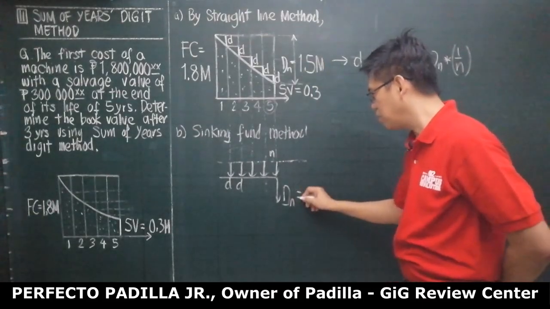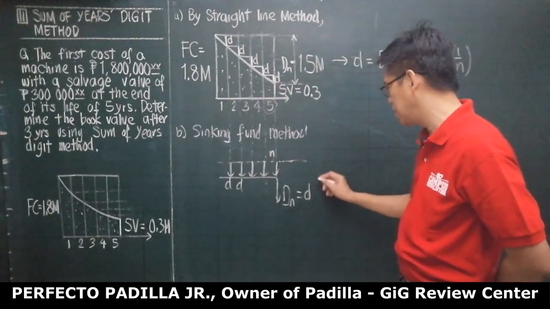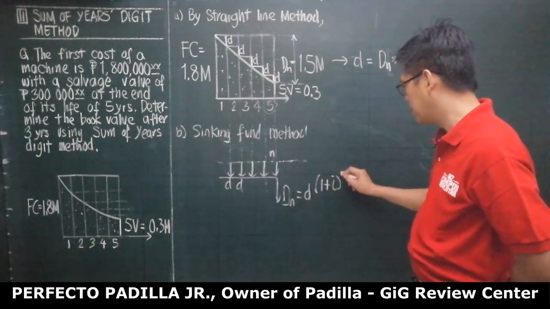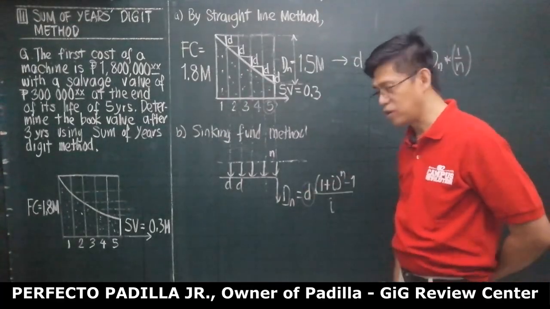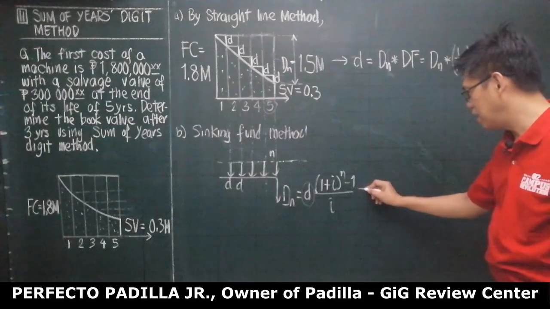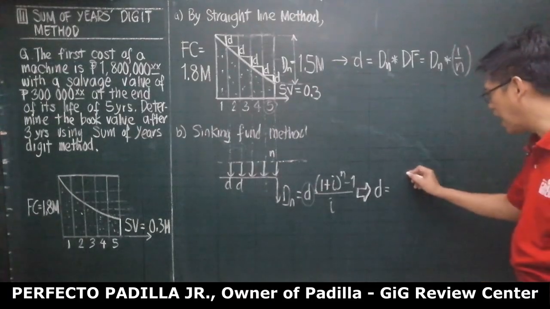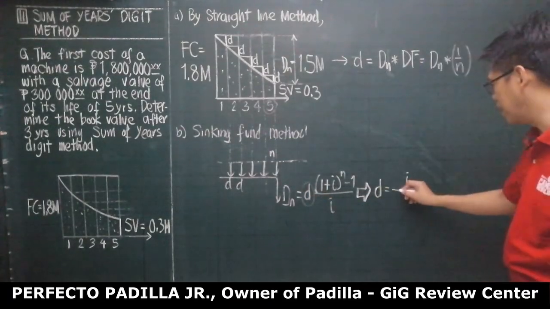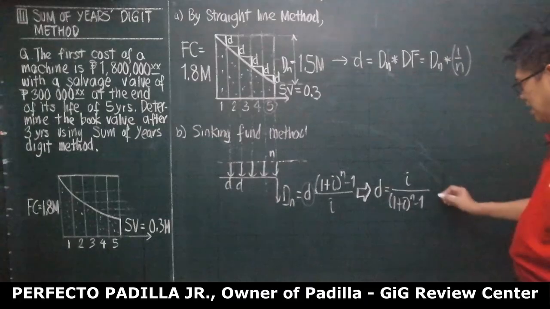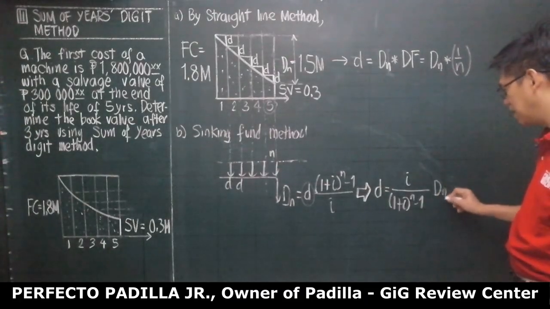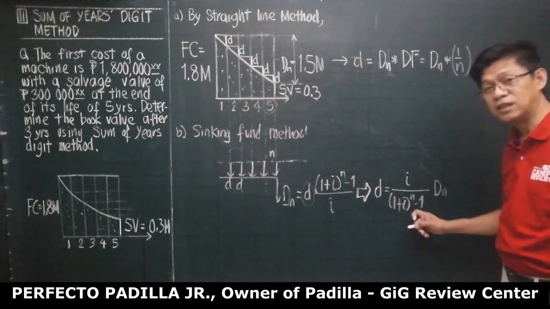So, your DN, the annuity to future value considering the interest rate, is A, which is D times (1 plus I) raised to n minus 1, over I. If we solve for D from this equation, D is going to be equal to I over (1 plus I) raised to n minus 1, times DN. This is now what is called the sinking fund deposit factor.